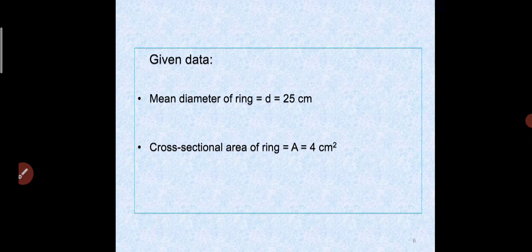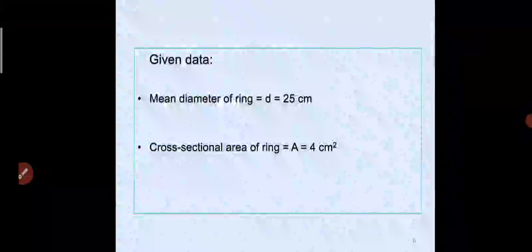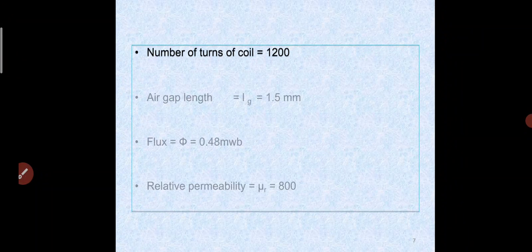Cross sectional area of ring A is equal to 4 centimeter square. The number of turns of coil N is 1200.